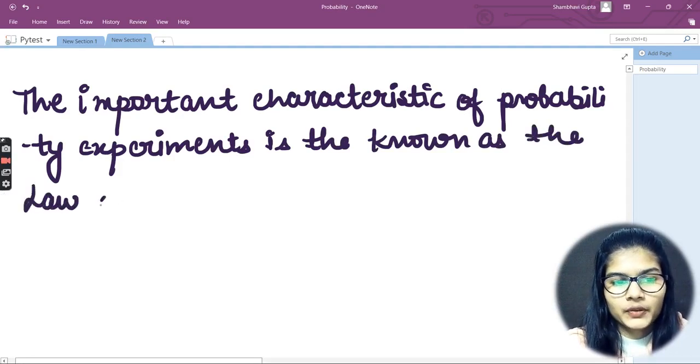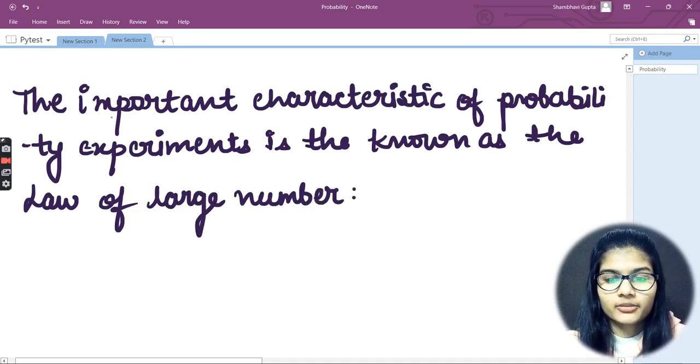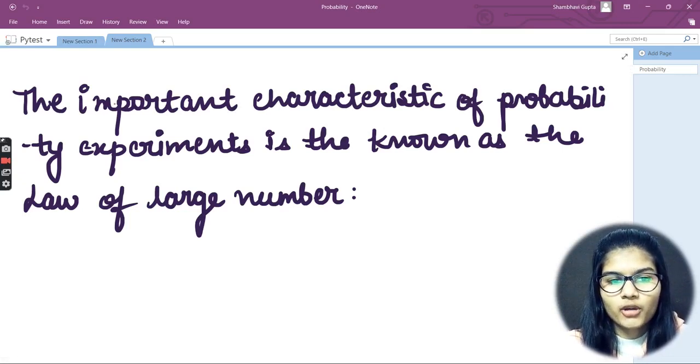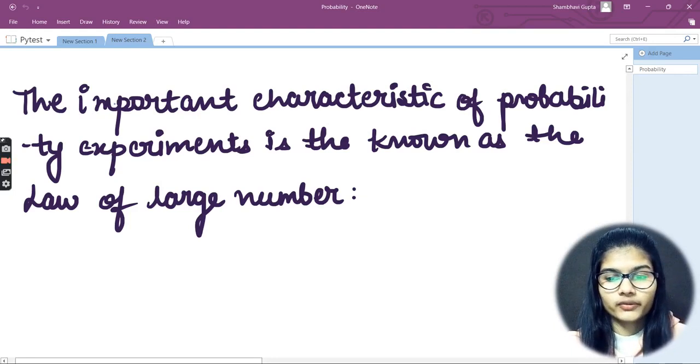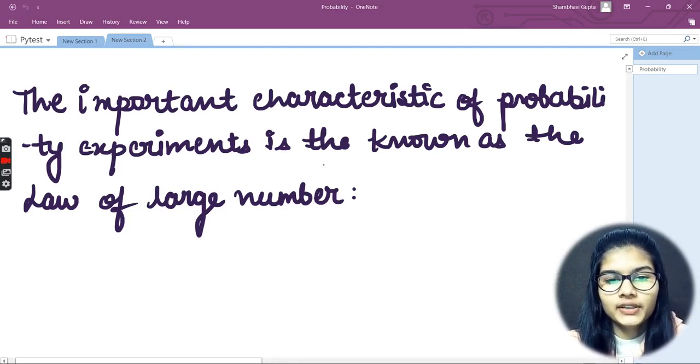Now, what this law of large numbers is about, I'll be talking about right here. But you have to understand that there are some important characteristics of probability experiments, and that is known as the law of large numbers. This is a term we use here. Further, I'll be taking up what this law of large numbers is.